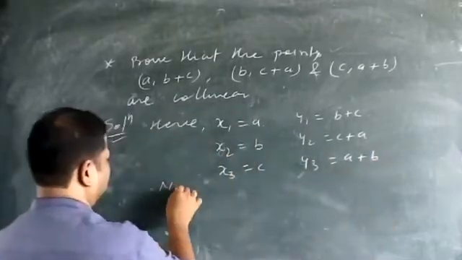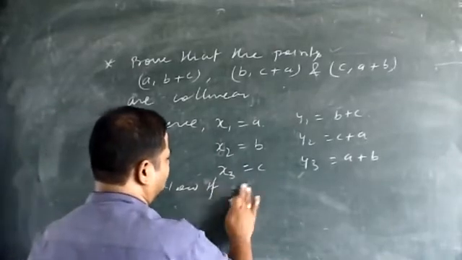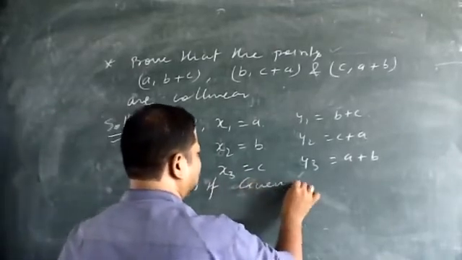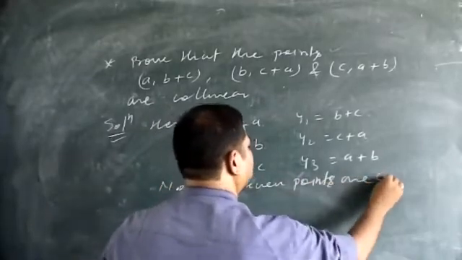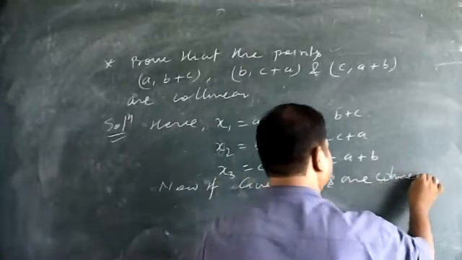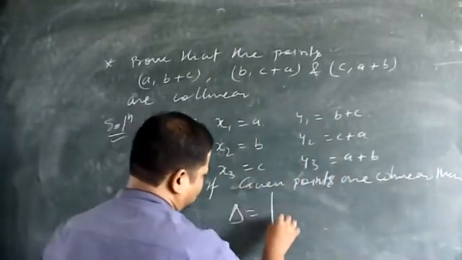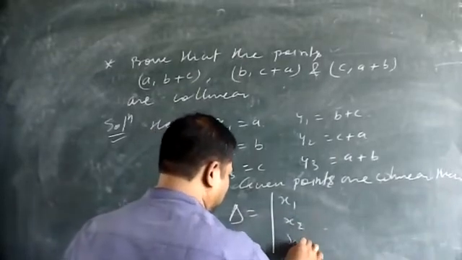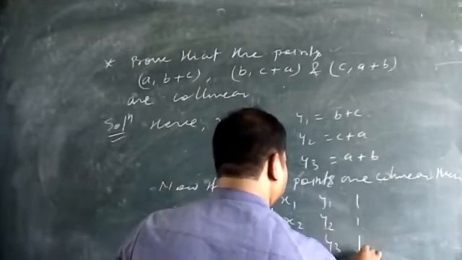Now if the given points are collinear, then delta equals the determinant with rows x1, x2, x3; y1, y2, y3; 1, 1, 1.